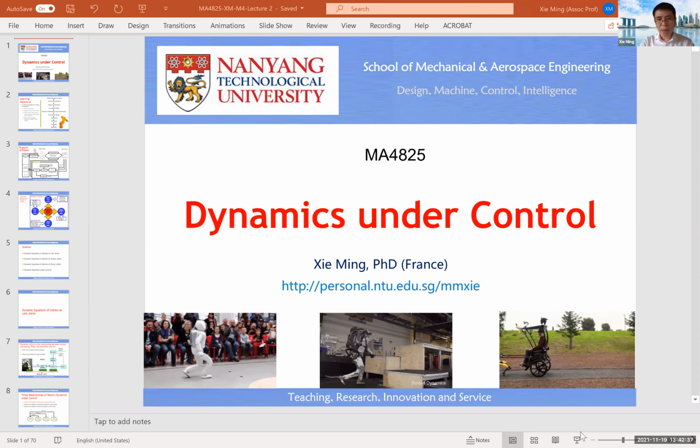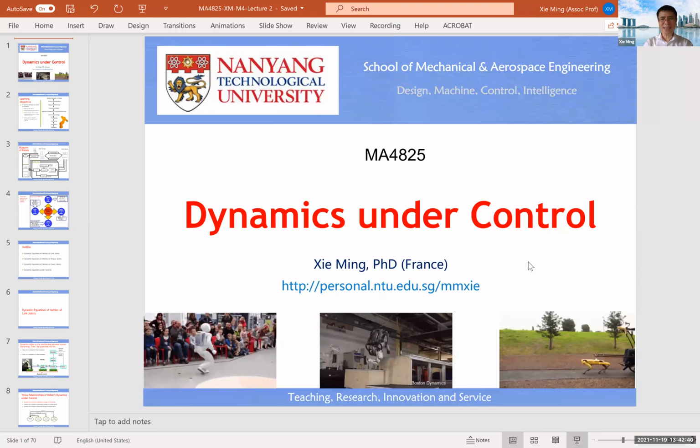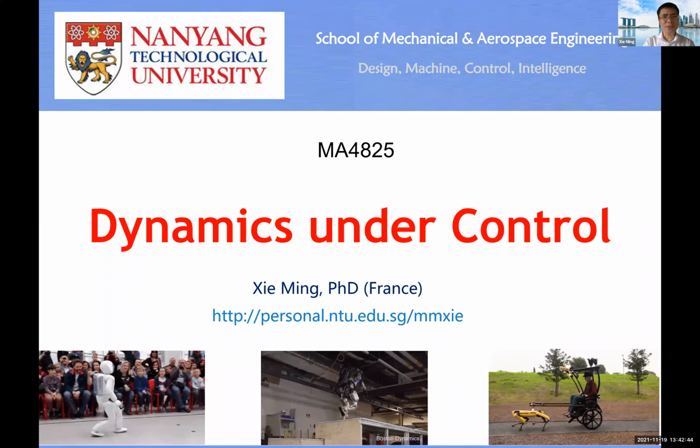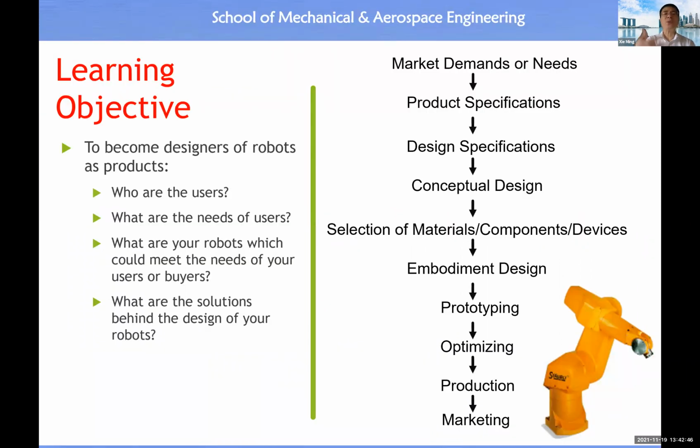So now we move on to study lecture 2. Before we enter the study of lecture 2, it is always good to remind you about the learning objective, which is to make you become a designer of a robot. By now, you should know that there are many generalized users in manufacturing, industry and society.